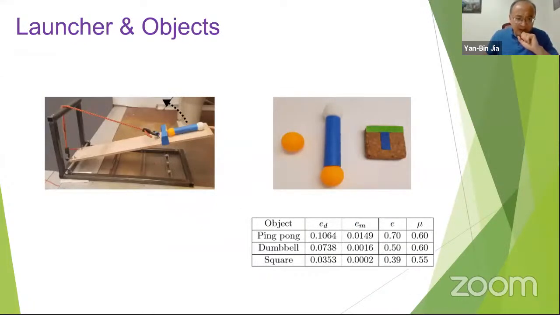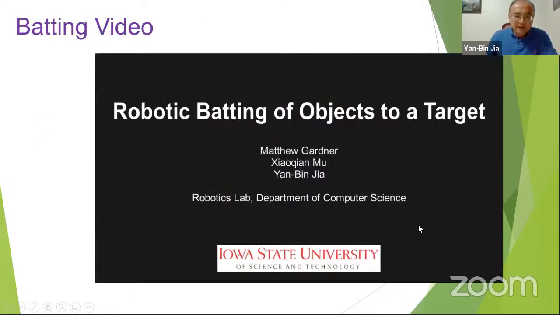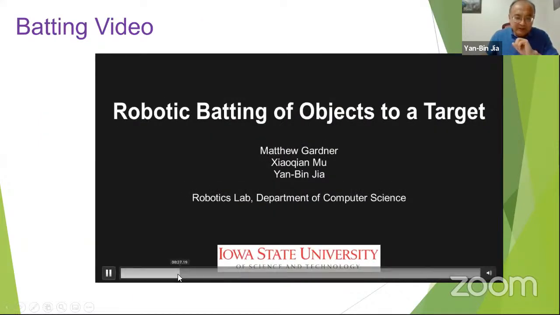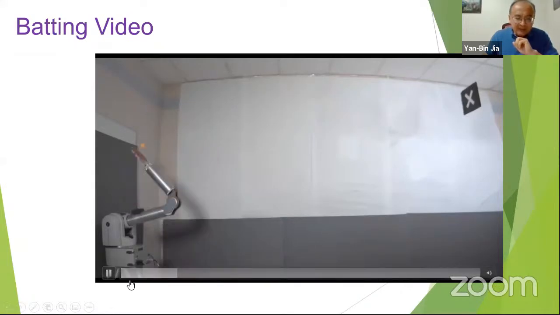We want this object to fly in a vertical plane, which is why we use a launcher, a catapult. For these three objects, we measured their drag coefficients, Magnus coefficients, coefficient of restitution and contact friction. All these are measured. So now let's look at some video.